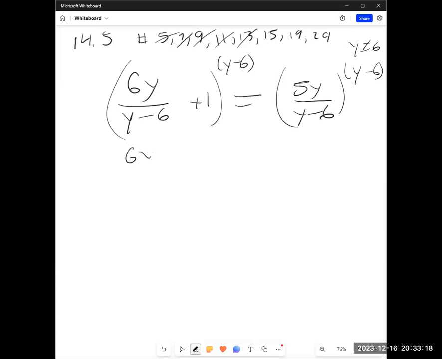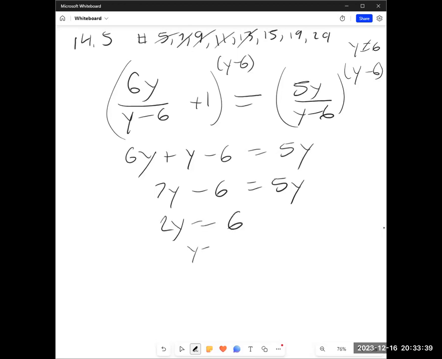So 6y plus y minus 6 equals 5y. 7y minus 6 equals 5y. 2y equals 6 and y equals 3.